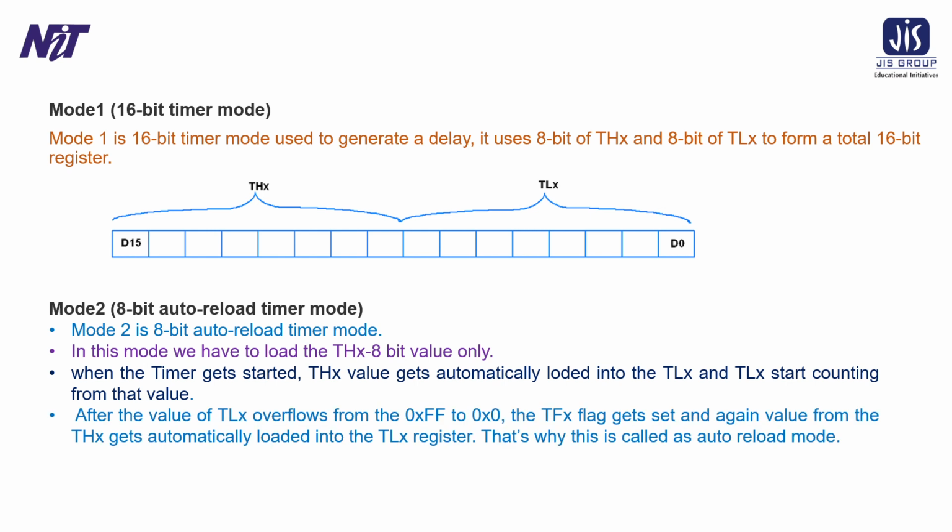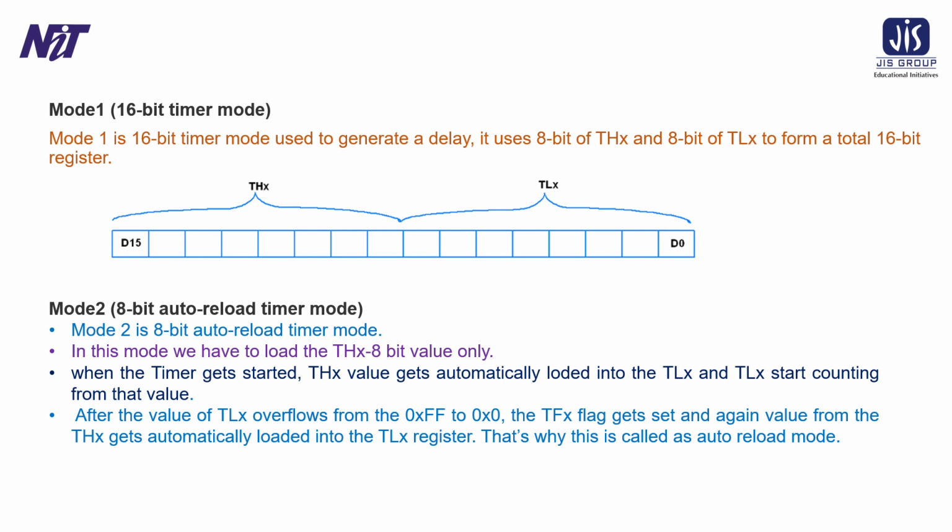After the value of TLX overflows from FF to 00, the TFX flag gets set, and the value from THX gets automatically loaded into the TLX register again. That's why it is called the auto reload mode.